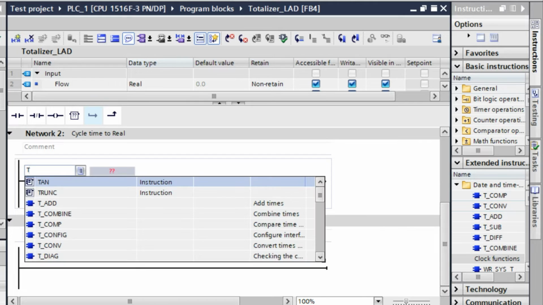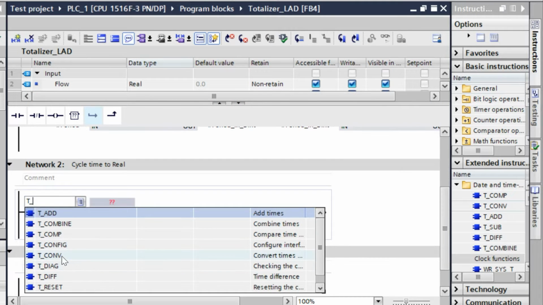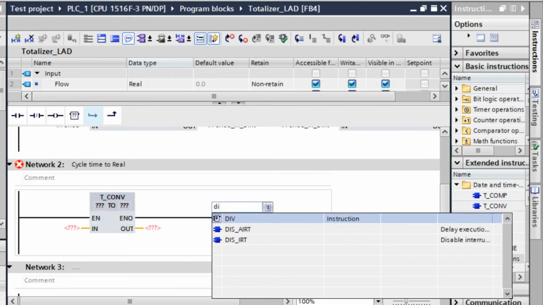The T conversion function you can use for ladder only in S7-1200 and 1500 CPUs. If you use S7-300 or 400 CPUs, you cannot use the T conversion function in ladder. You can use T conversion in SCL language.